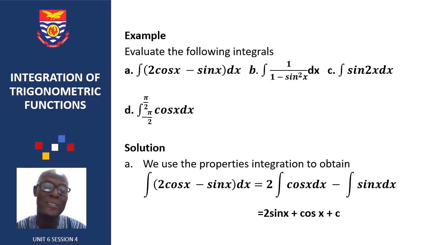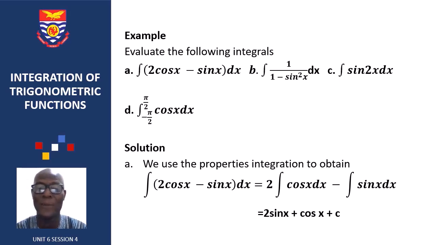But we saw in the table that if cos is integrated, we have sine. So therefore, we have 2 sine x. But if we integrate sine, it gives negative cos. So therefore, negative times negative cos becomes plus cos x, then plus c.